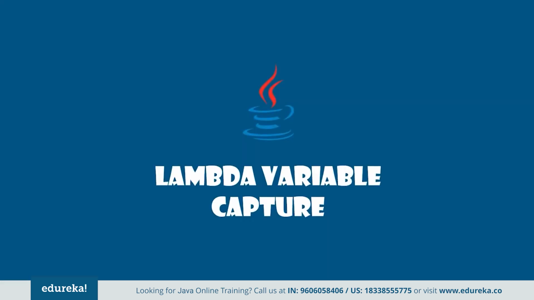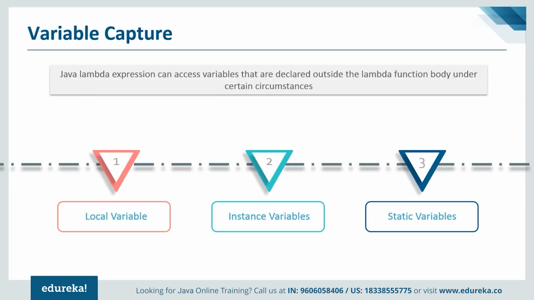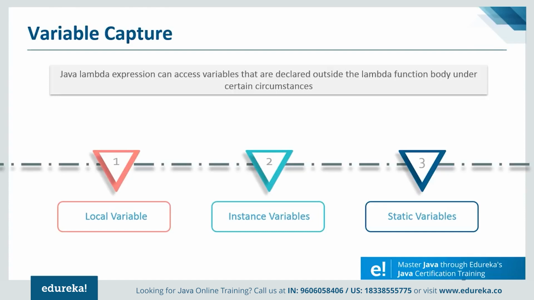Now, the different variables in your lambda expressions, how they can be captured, is the other part we have to look into, guys. There can be a local variable, an instance variable, and static variables. A Java lambda expression can access variables that are declared outside the lambda function body under certain circumstances.